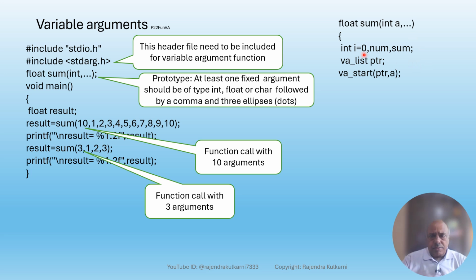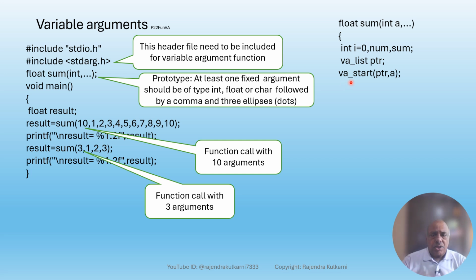Now these are the parts: va_list ptr. ptr is a pointer of type va_list. va_list is a macro defined in the file stdarg.h. Then we use a statement. So this is ptr, a pointer of type va_list.